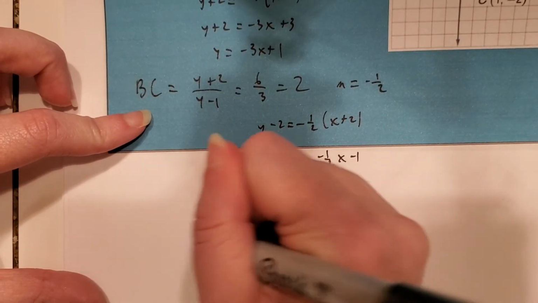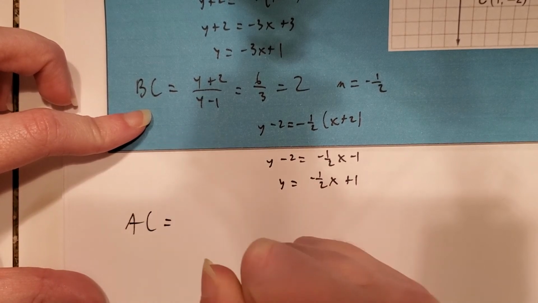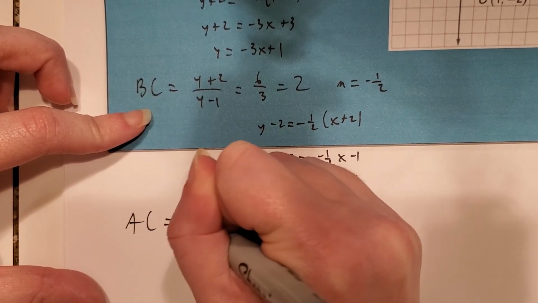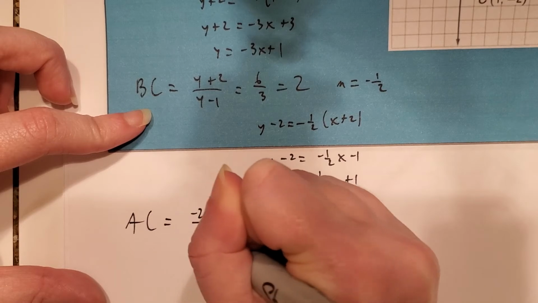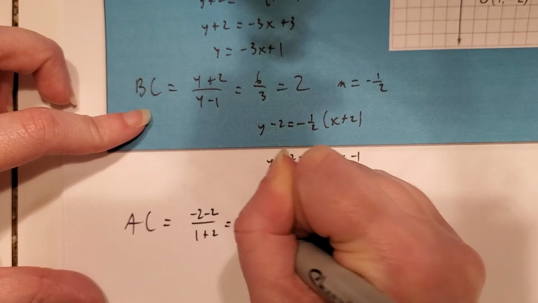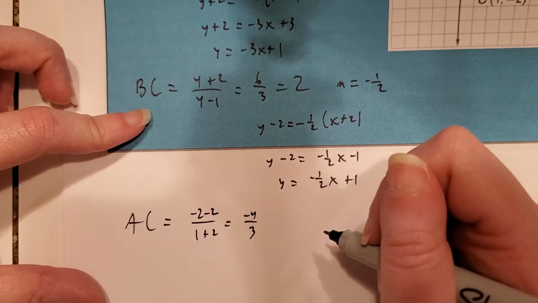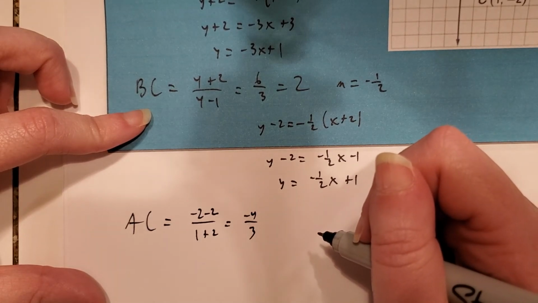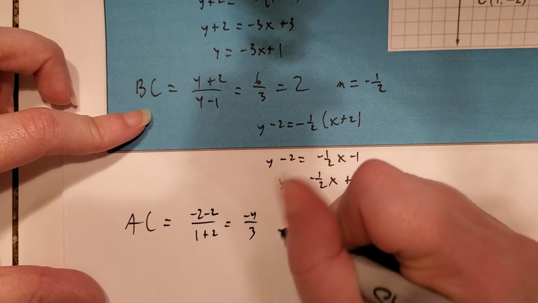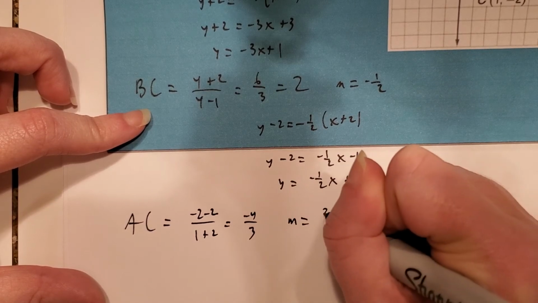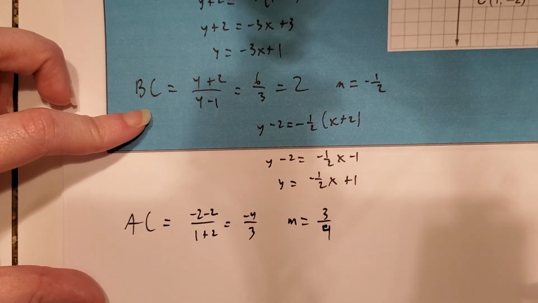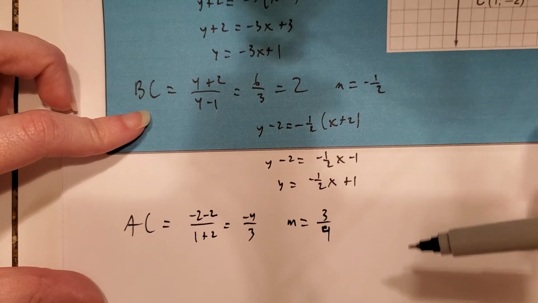Finally, AC. Its slope is, okay. And so then the opposite, right? Yeah, I did that right. Yeah. So then the opposite reciprocal that we want is 3 over 4. All right.